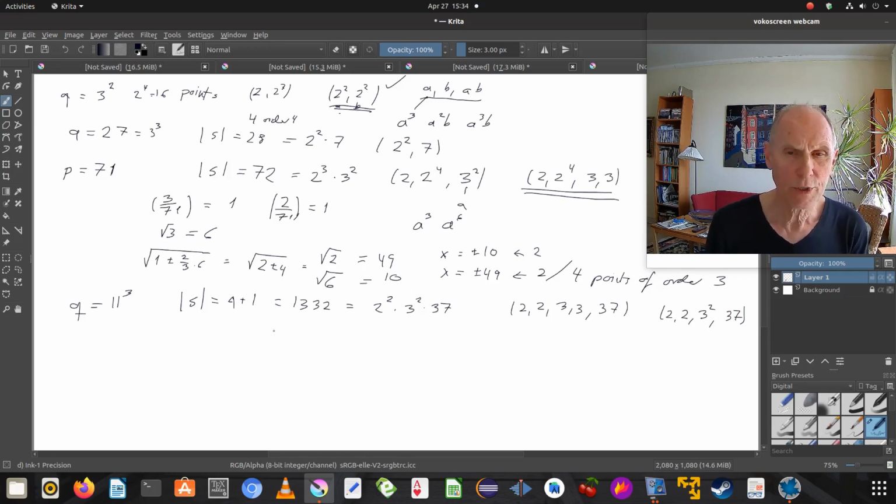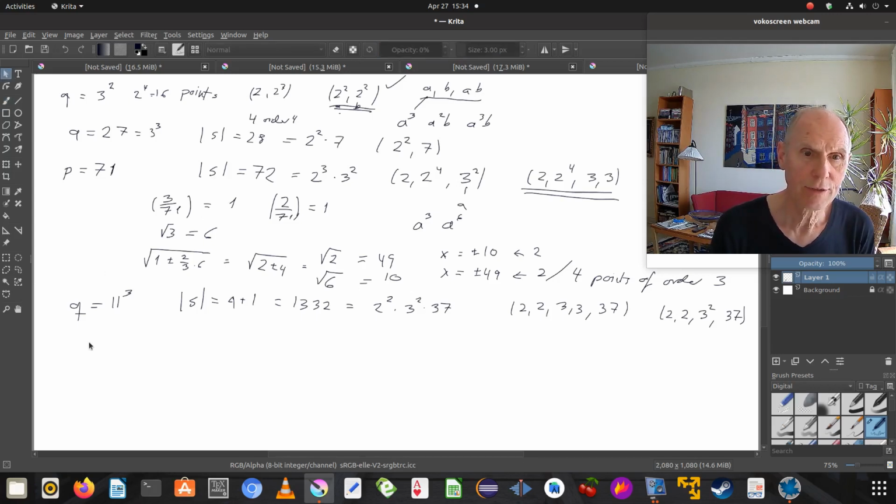It's just a question of finding out whether 3, of course square root 3, should lie in this Galois field. So we just have to find it.